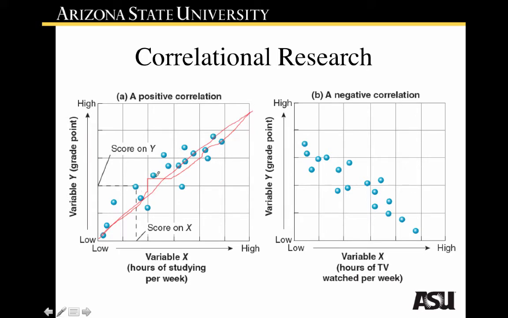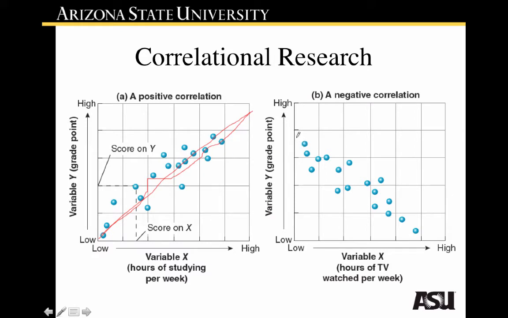So you can see that if you started at the beginning and went through to the end, you could draw a line, but these points aren't directly on the line. It shows that as variable x, hours of studying per week, gets higher, so does your grade point average. Although it's not a perfect correlation, as you can see.